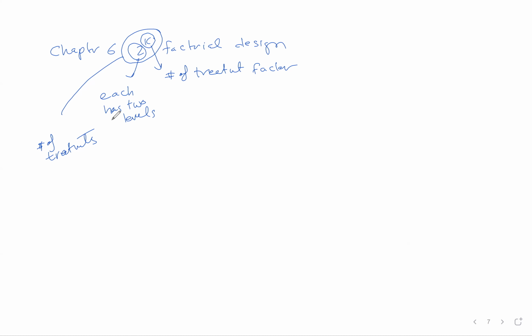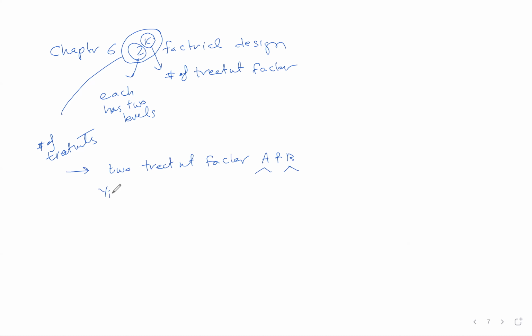So in this case, each treatment factor has only 2 levels. What about the statistical model? Assuming we have 2 treatment factors, A and B, but in this case, each has only 2 levels. So the number of combinations, the number of treatments, is only 4, a 2 to the power 2 factorial design.